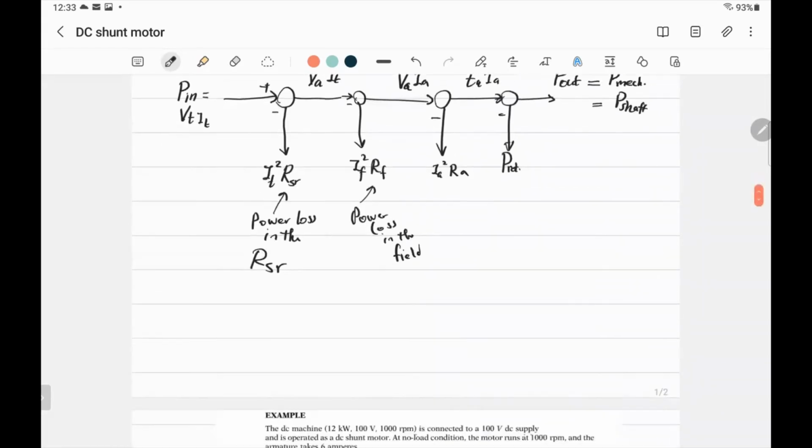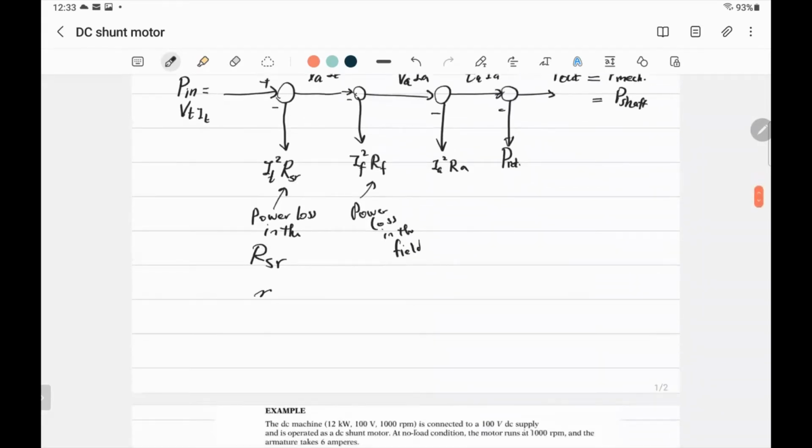So how do you find the efficiency? The efficiency, as in any system, is equal to the output power divided by the input power. And the input power is equal to the output power plus the loss.